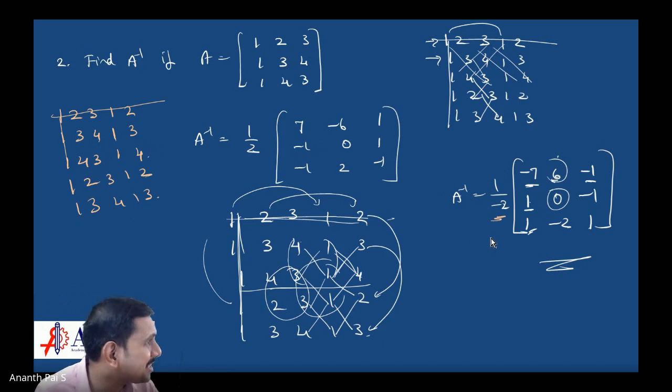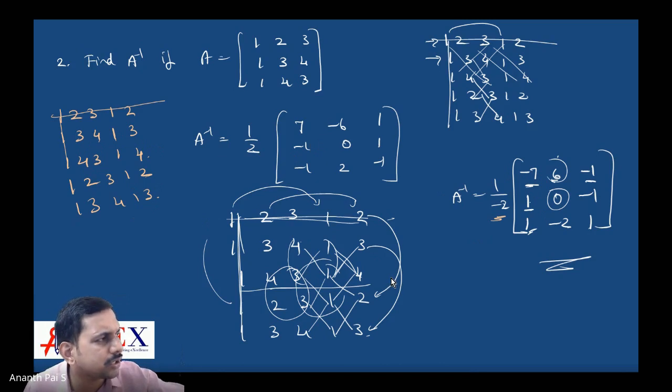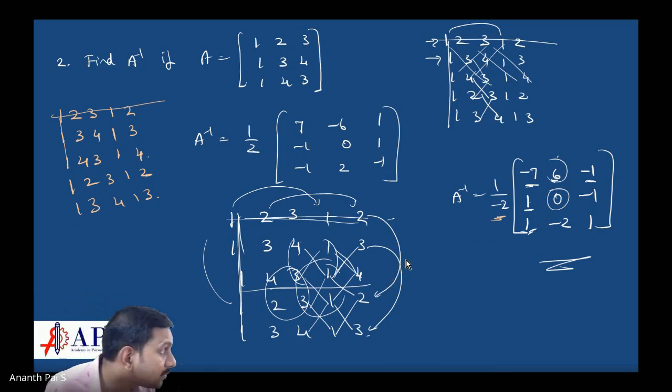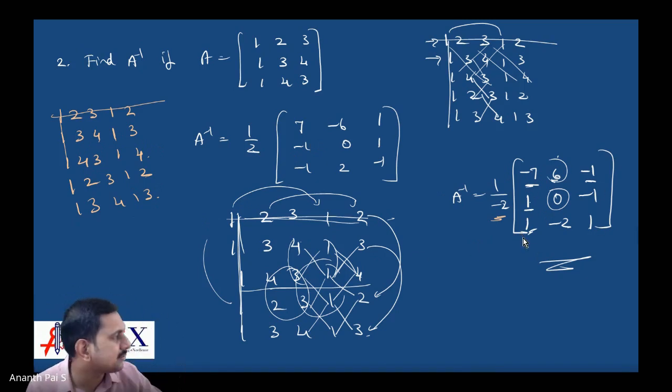It becomes easier and faster than adjoint, minor and all those things. These are shortcuts which help you save time. Right? I hope you understood. This is the direct inverse.